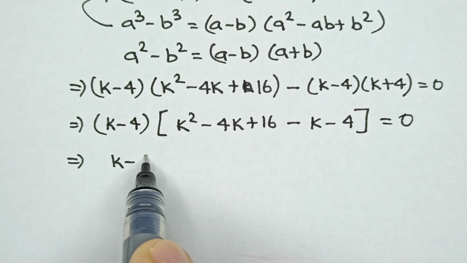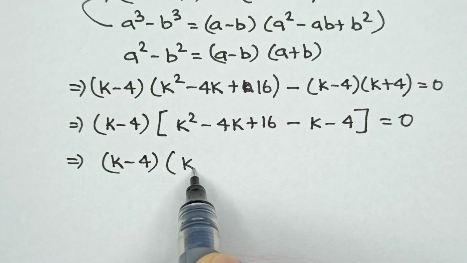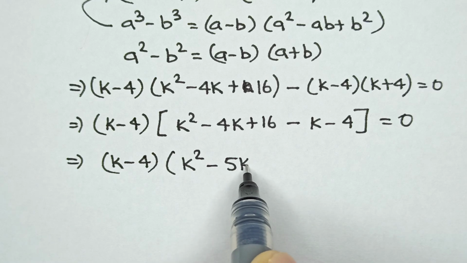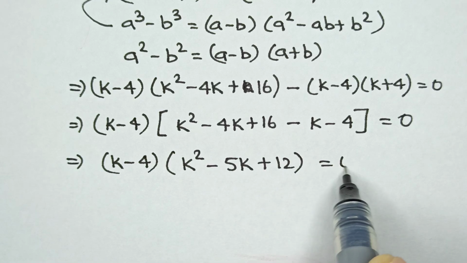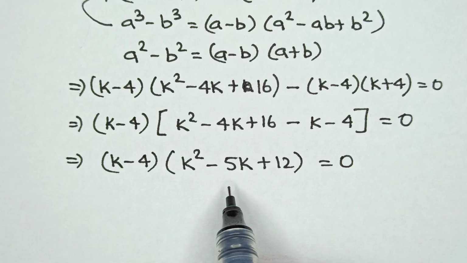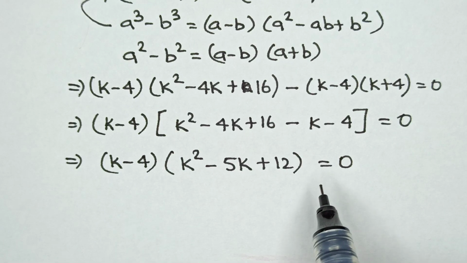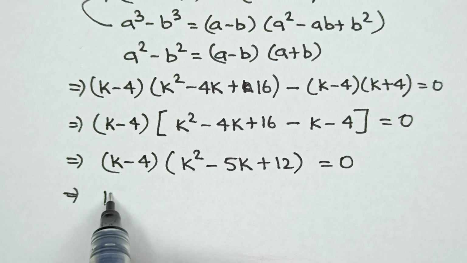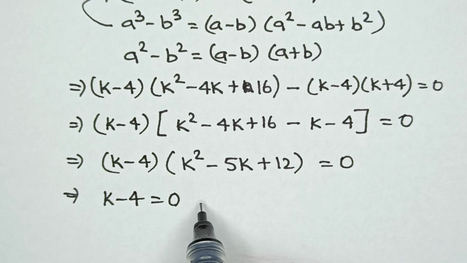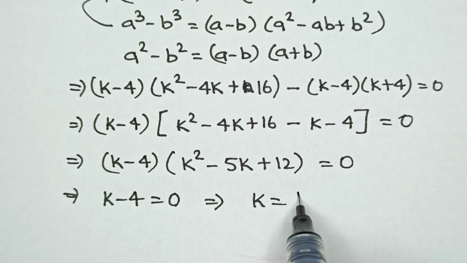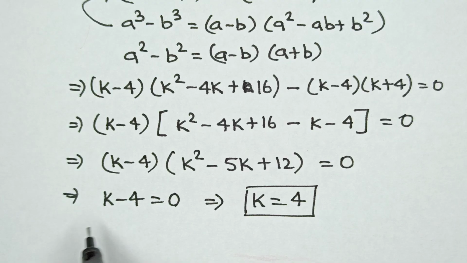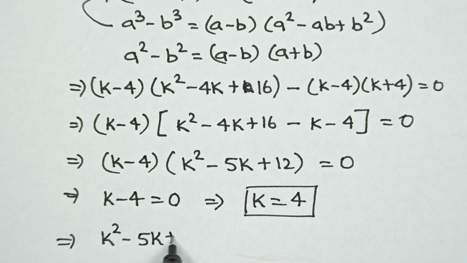So the value of k minus 4 will then be k square plus 5k plus 12 is equal to 0. If you see, the product of two brackets here is 0, which means the value of k minus 4 is equal to 0, which gives us the value of k as 4 for the first part of the equation. And the second one, we have k square minus 5k plus 12 is equal to 0.